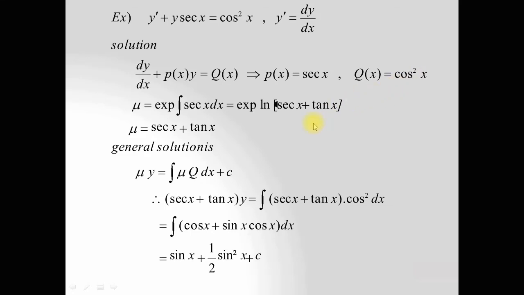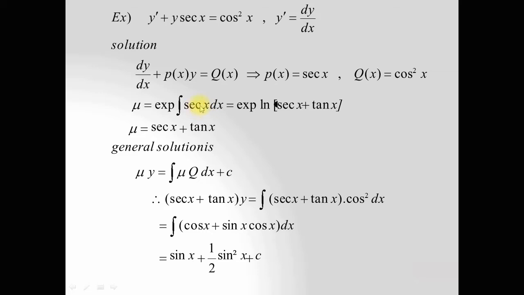Now find the integrating factor: exponential e power integration of the p function with respect to x.